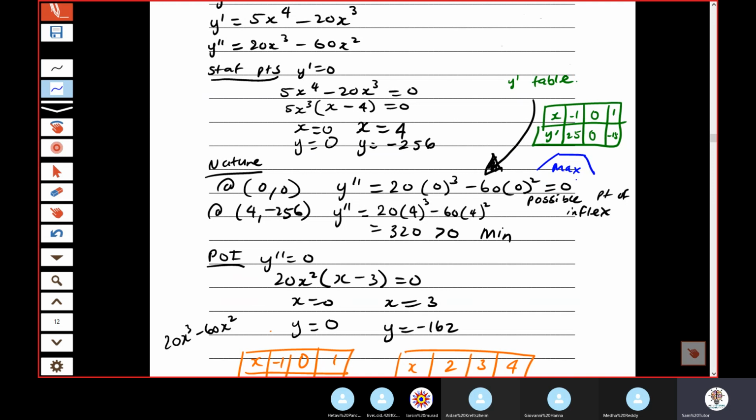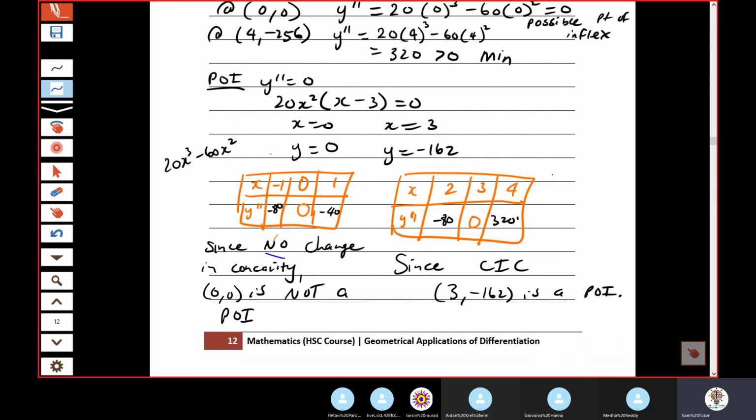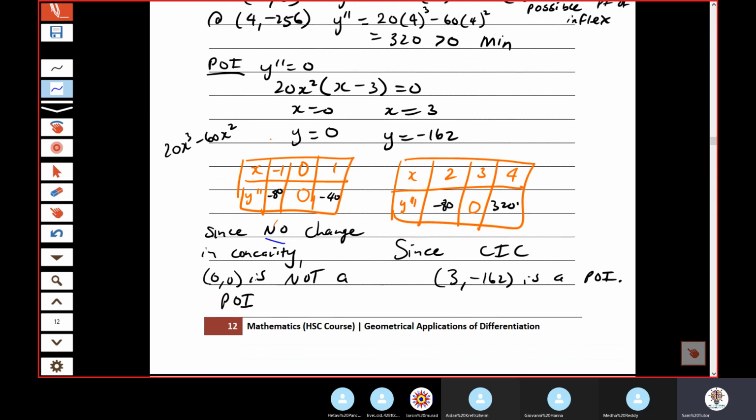Wait, what's a stationary point? The highest or lowest that you can come. Right? Where it's 0. What's a point of inflection? When it changes from a happy to a sad. Two different points. How do you know when it changed? Just the signs.